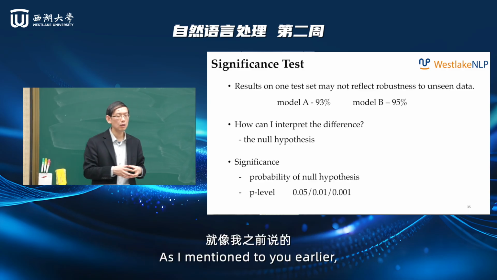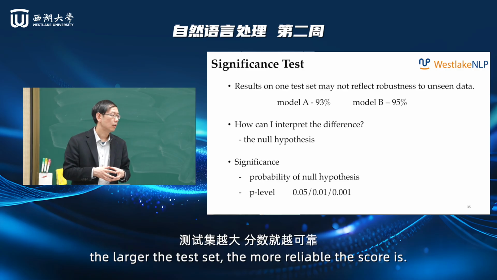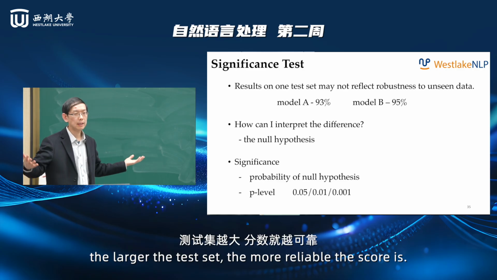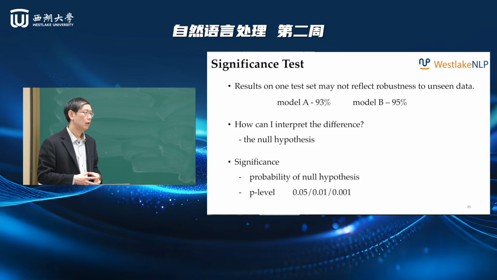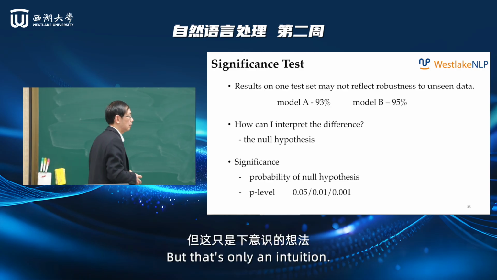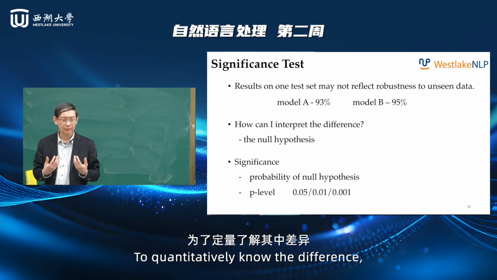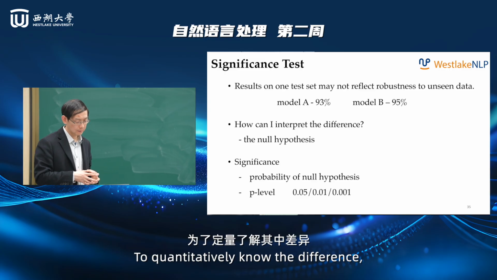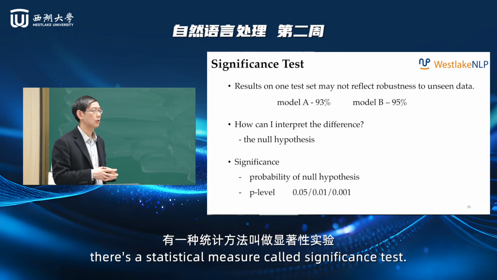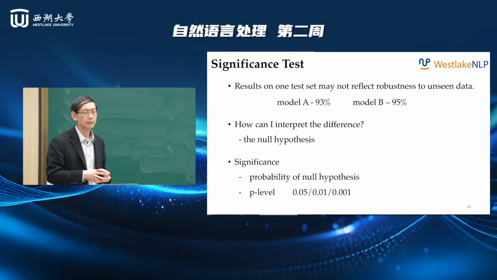As I mentioned to you earlier, the larger the test set, the more reliable the score is. But that's only an intuition. So to quantitatively know the difference, there's a statistical measure called significance test.